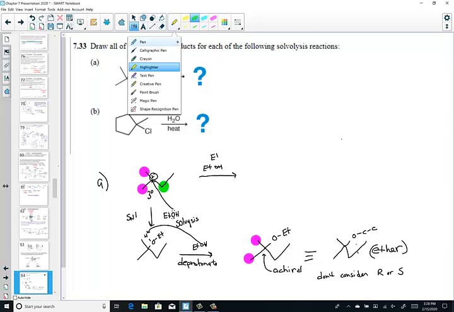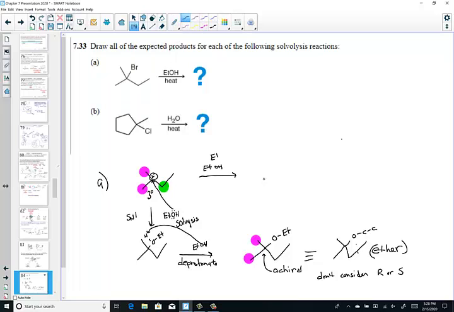So I'll have 2 unique eliminations. Here I would have the least substituted elimination, and I would have the most substituted elimination. And I would see that those are major and minor.